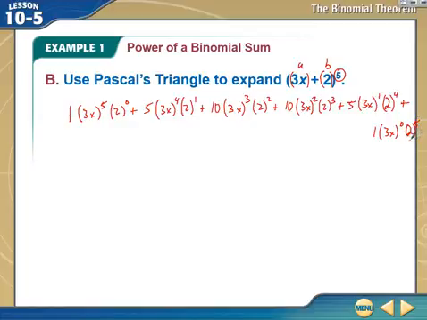And again, where did I get these first numbers? These first numbers all came from Pascal's triangle, from the fifth line, and now I just multiply. And what am I going to be multiplying? I take 3 to the fifth right here, because it's going to be 3 to the fifth times 2 to the 0. Again, this is just going to be a big giant 1, so I don't care about it.